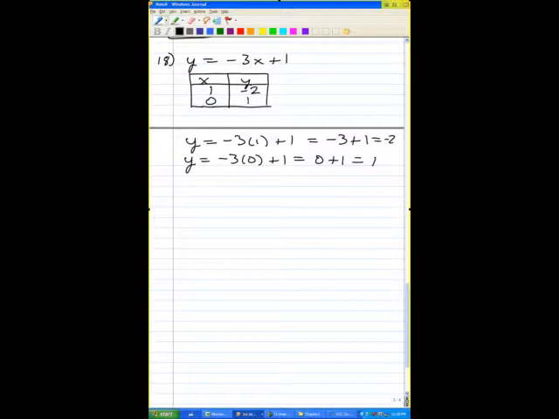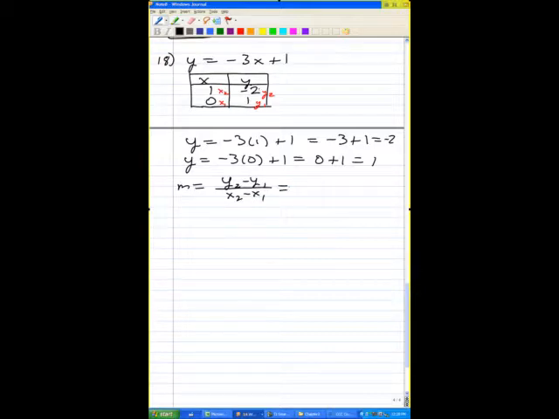Okay, and so let's say that this is x1, y1, and this point is x2, y2. And so the slope, y2 minus y1 over x2 minus x1.